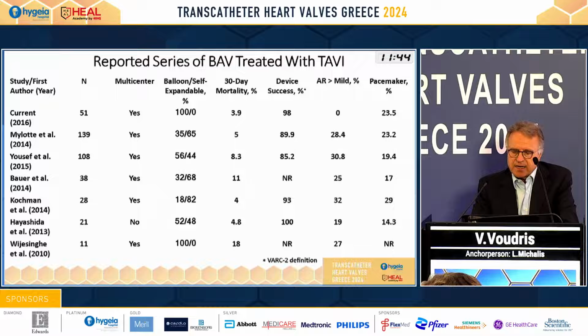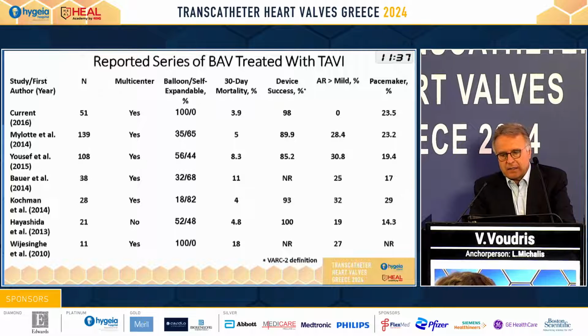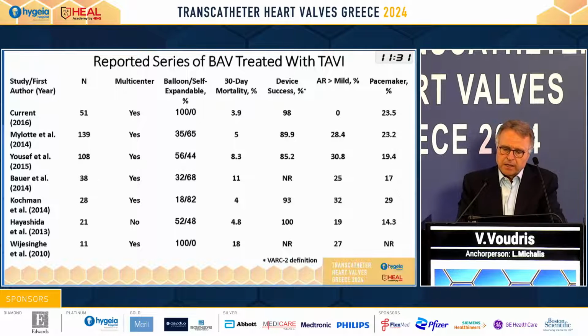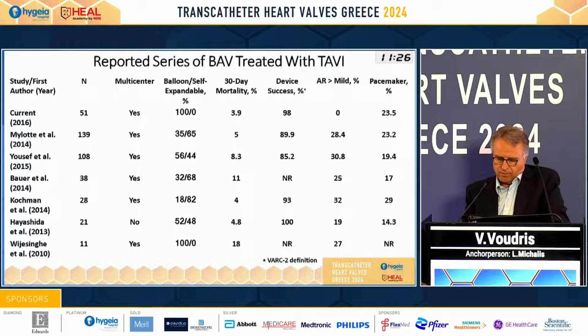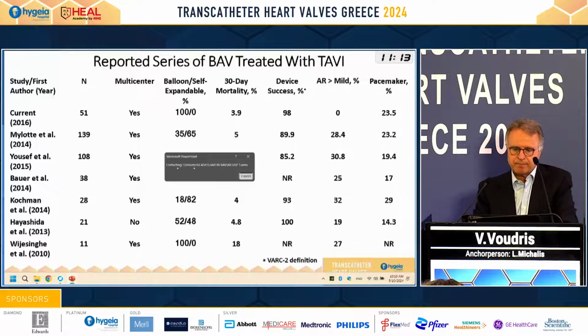The device success rate was around 90%, and the degree of more than mild aortic regurgitation ranged between 20 and 30%. And of course, there was an increased need for pacemaker implantation. In this series, both valve types were used at that time, balloon-expandable and self-expandable devices.